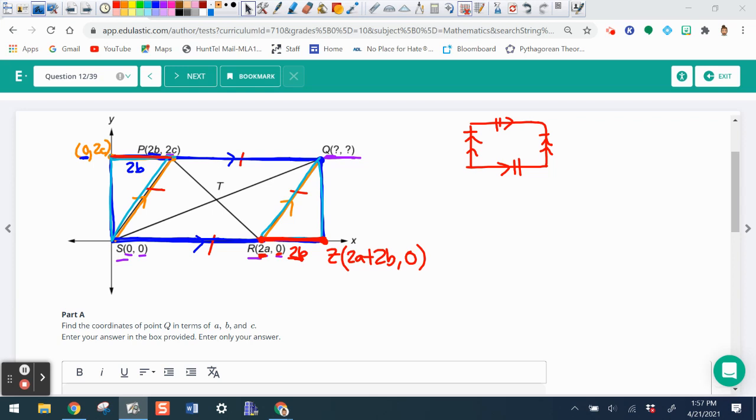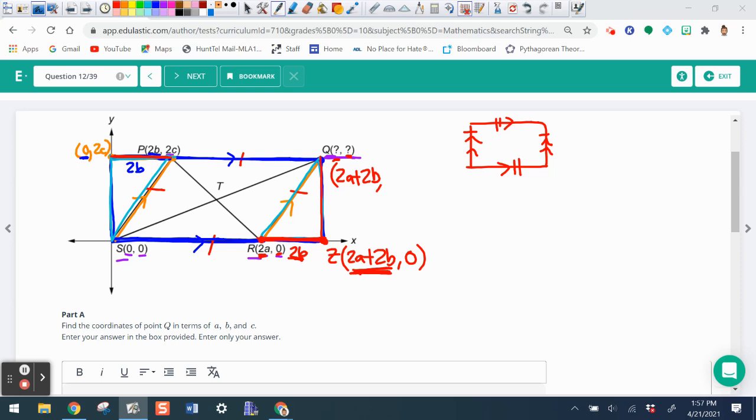Now, because we drew a vertical line here, the x value for this coordinate is going to be the same x value as for this coordinate. So Q will definitely have an x value of 2a plus 2b. Then we need to figure out its y value.